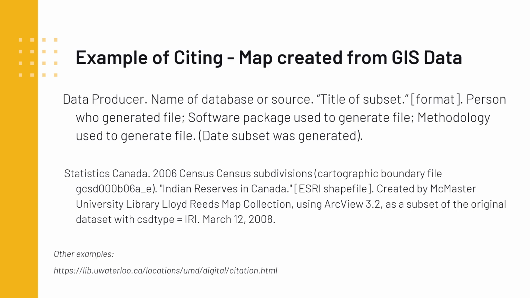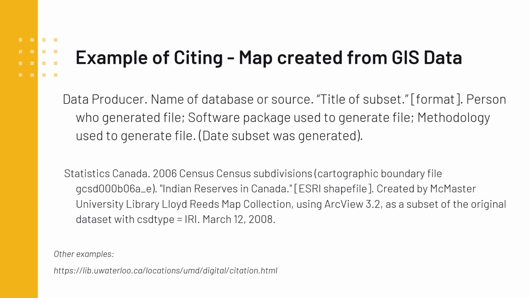So an example would be what's shown below: Statistics Canada 2006, Census Divisions, and this is from the cartographic boundary file and the name of the file, the Indian Reserves in Canada, and it's an Esri shape file created by McMaster University at the Lloyd Reed Map Collection using ArcView 3.2 as a subset of the original data set with CSD type equals IRI, and the date March 12th, 2008.